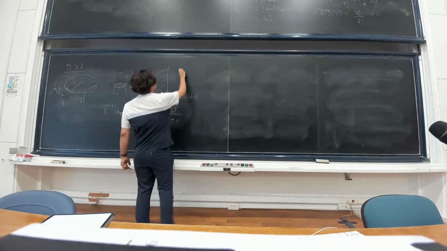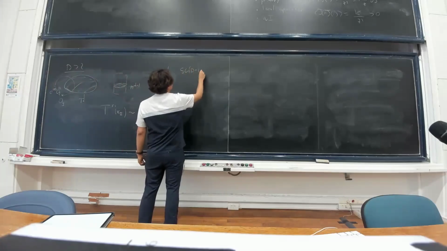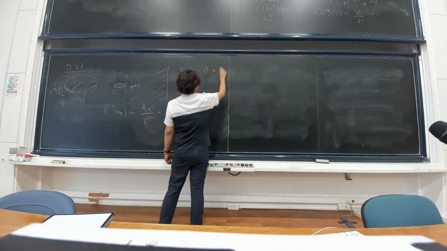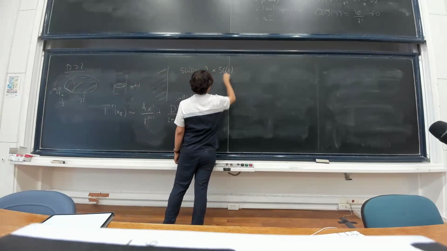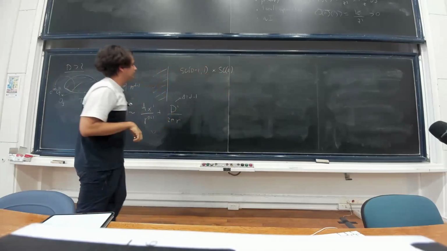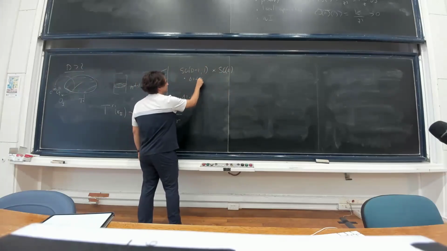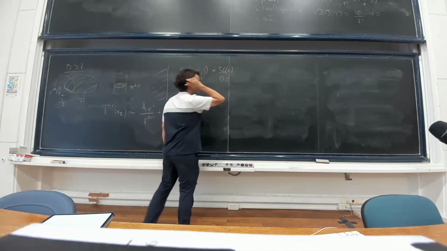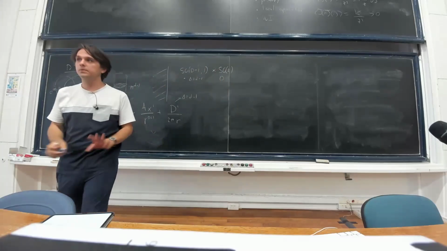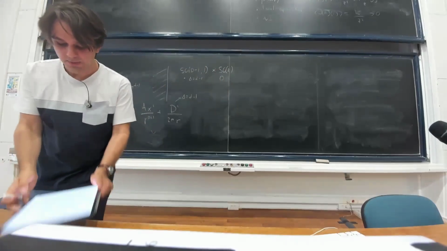This preserves an SO(d-1,1) and the transverse rotations around it. This operator is a scalar of dimension d minus 1 under the former, and a vector of the SO(2). So it has some nice quantum numbers.